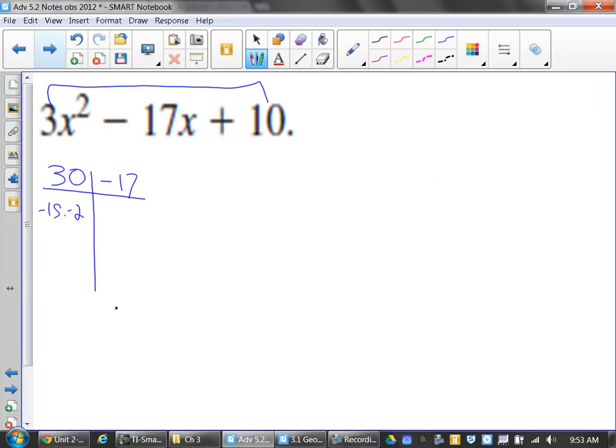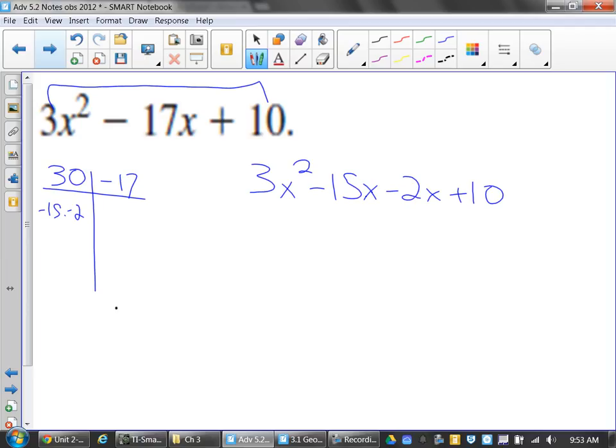All right. Now, here's what I do. Some people call this grouping. Some people call it split middle term. Some people just want to throw things at me. What I'm doing here is I'm just going to rewrite this out into 4 terms. Okay?